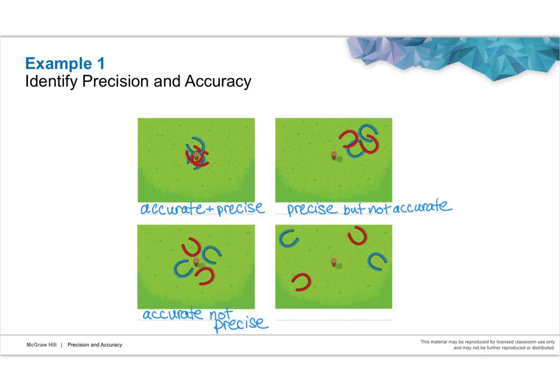And then we have on our last example, neither, I hope you can see, neither near the target or the stake, so not accurate. And definitely none of them are near each other, so nor precise.